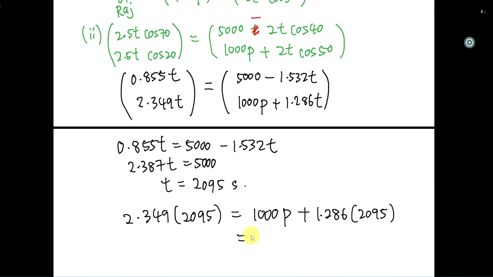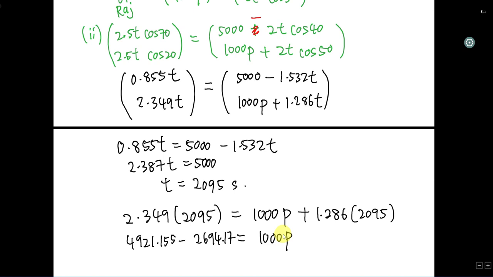So 2095 multiplied by 2.349 is 4921.155, minus this value, 1.286 multiplied by 2095. You will get something like 2694.17 equals 1000p.